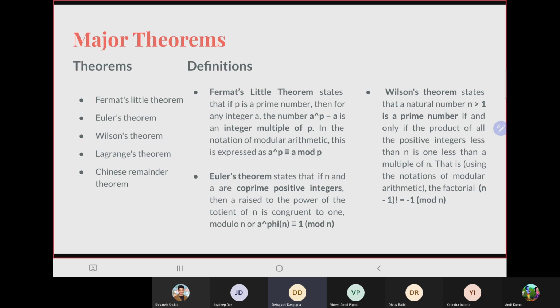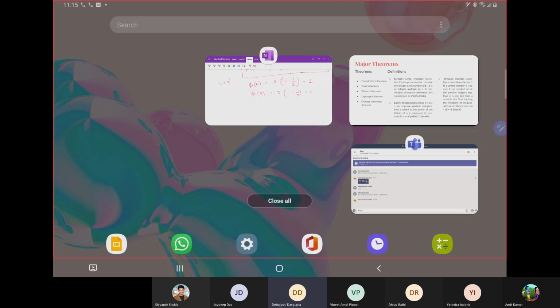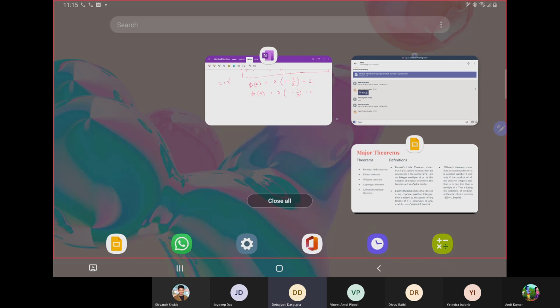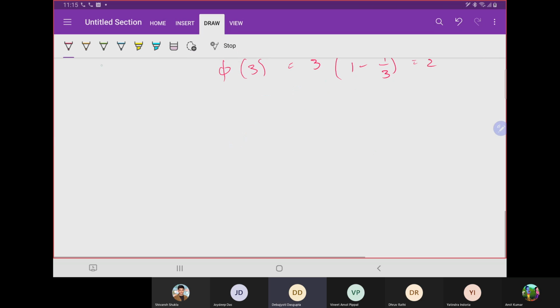Or in other words, Wilson's theorem is basically saying that n minus 1 factorial plus 1 is divisible by n.